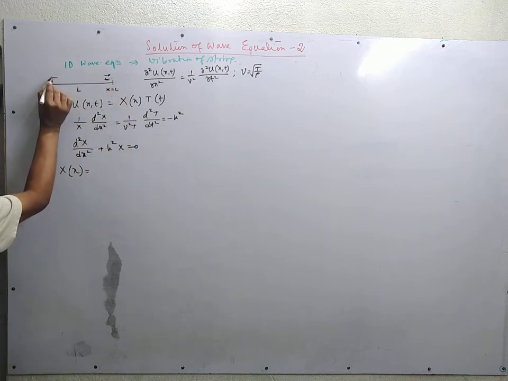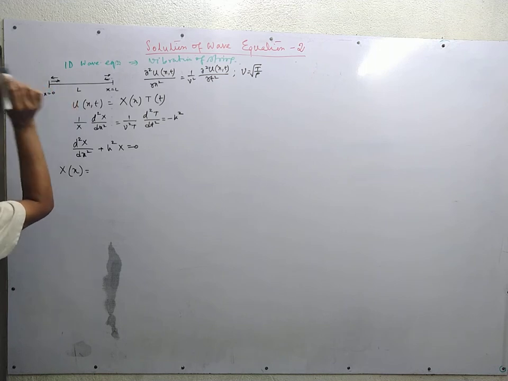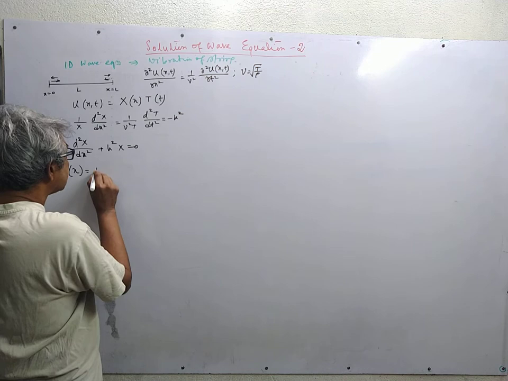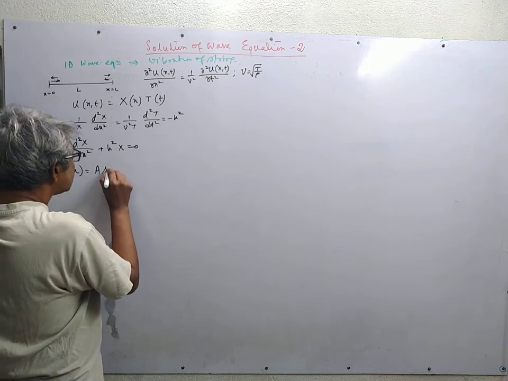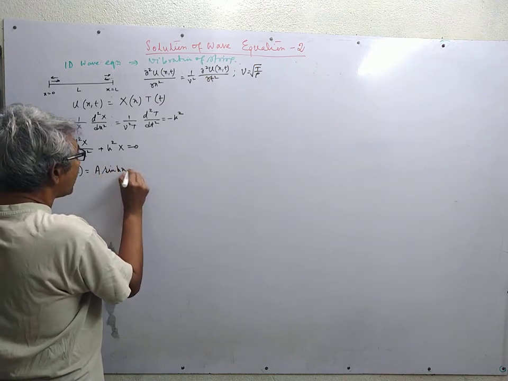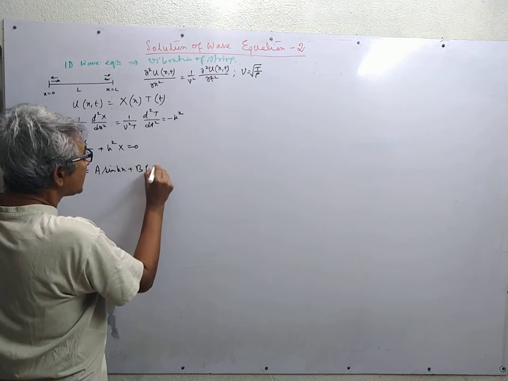Similarly, the wave traveling towards the left gets reflected from the x is equal to 0 end. So we write the solution as A sin kx plus B cos kx.